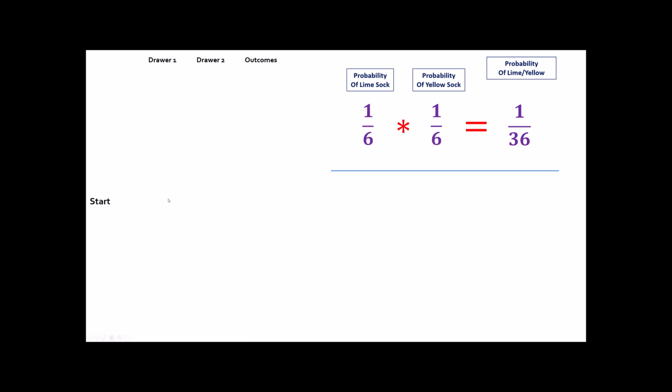So from my start over here on the left, I would draw a line going out to each of my left socks. Notice there are 6 left socks, so I list them all out. Notice I'm giving myself lots of room because I know this is going to take up some space. And then I realized that if I draw a lime-colored sock out of the first drawer, or for the left foot, the sock that's on the right foot could be any of these 6 colors drawn from the second drawer.